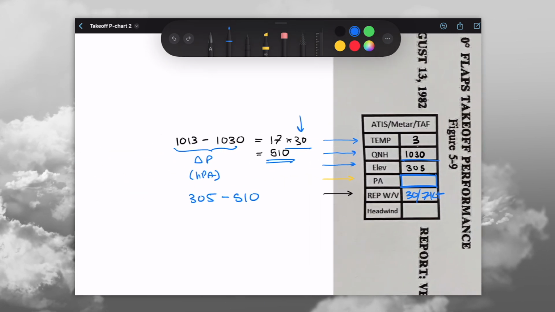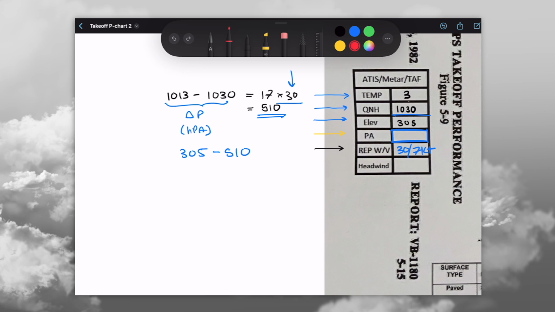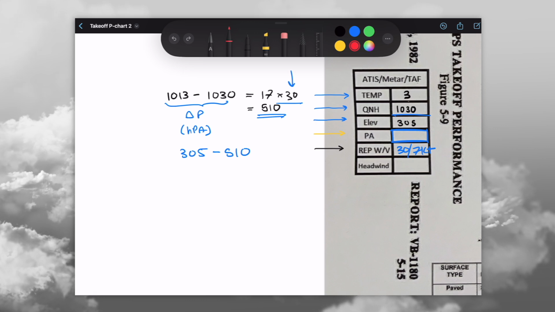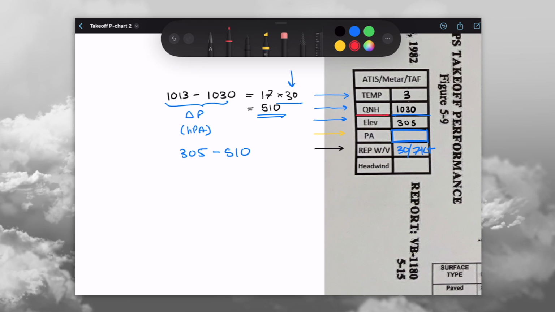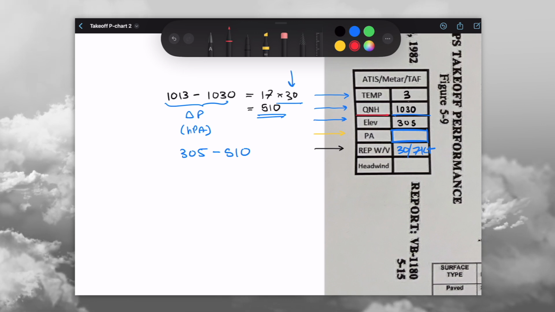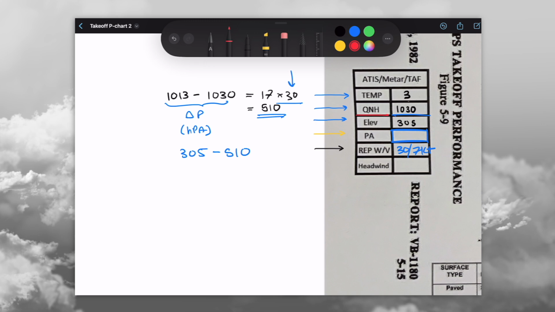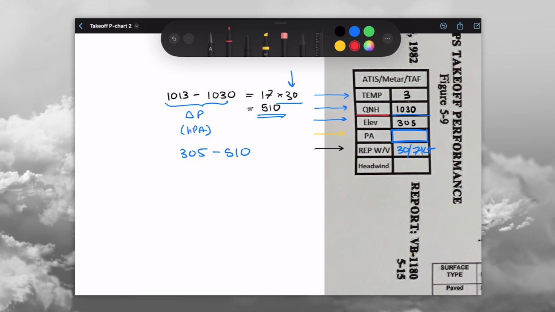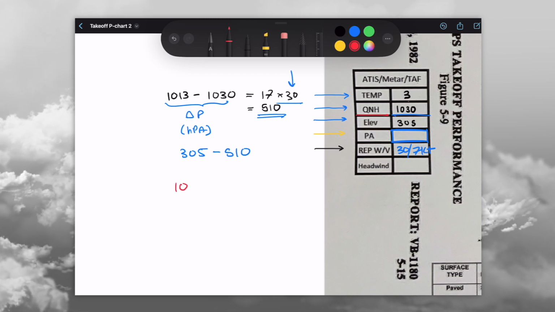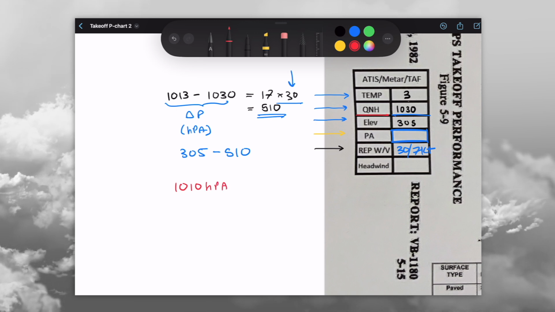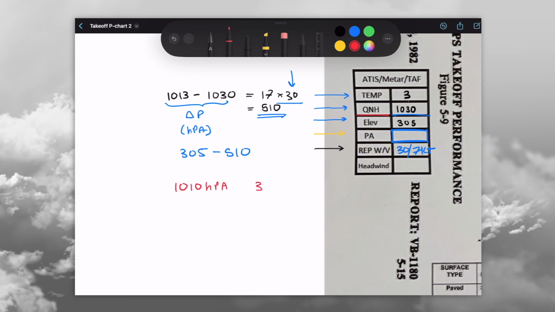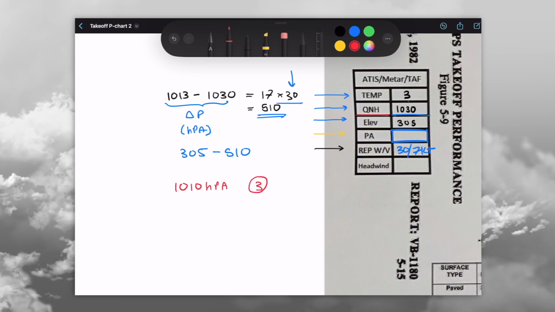So before we move on, let's just assume that our performance is worse. So if our QNH, our air pressure, is, let's say, 1010 hectopascals, and we subtract that, we'll find a difference of 3.